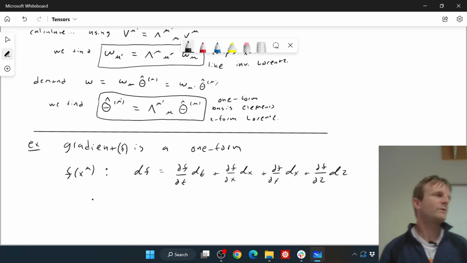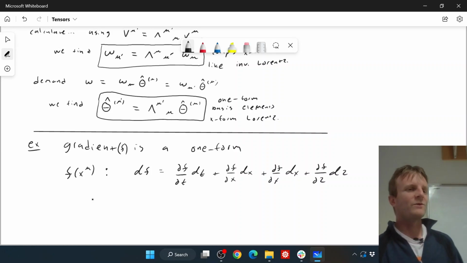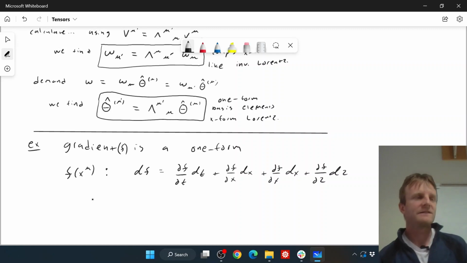This is something you would write. This is sometimes even called a theorem in calculus, but it's more like a definition of what they mean by this little d. So this is a very natural equation.